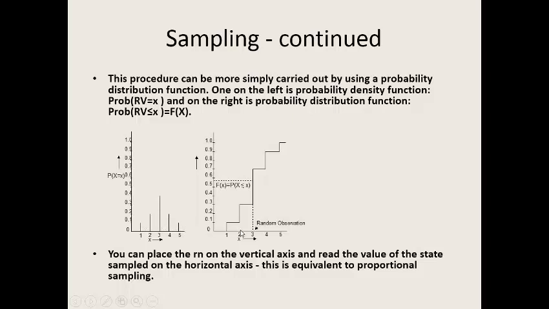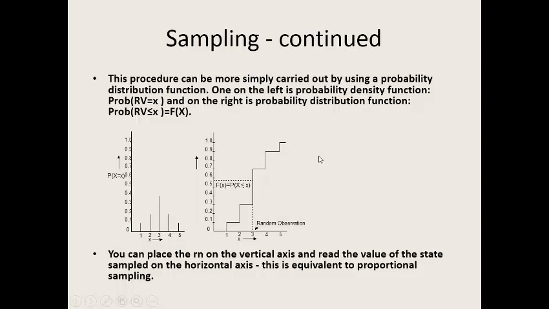Then for 2, this will be this plus this over here. For 3, it will be this plus this will be here. And here, of course, this will come to 1.